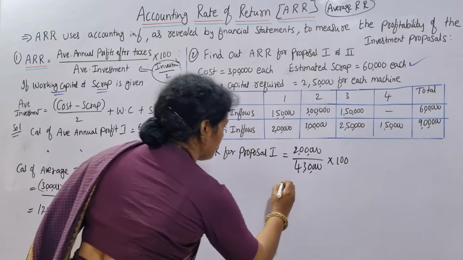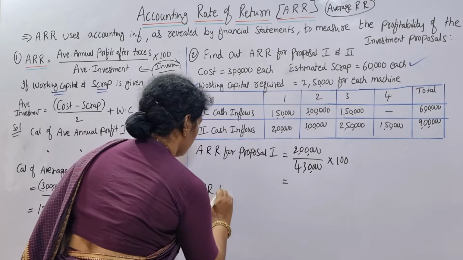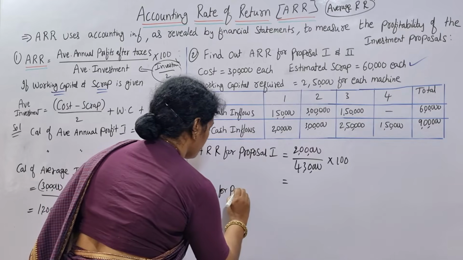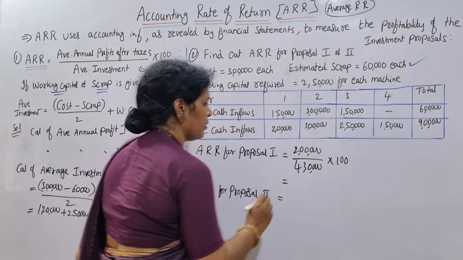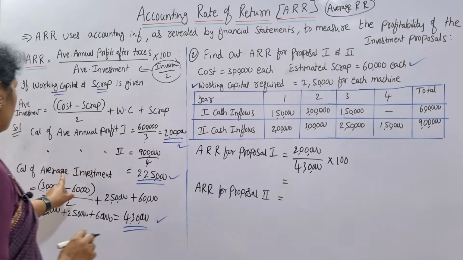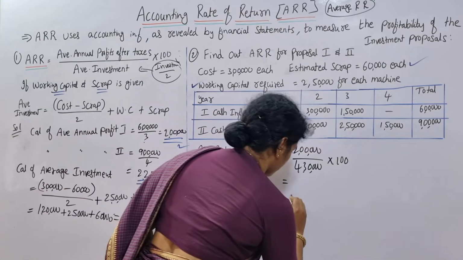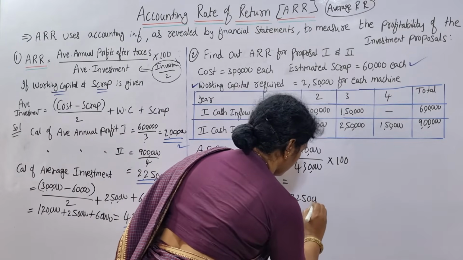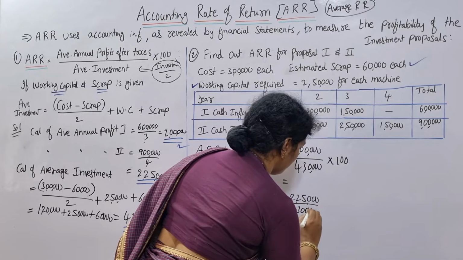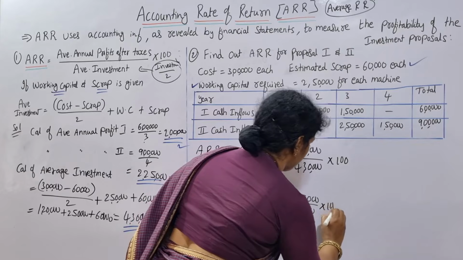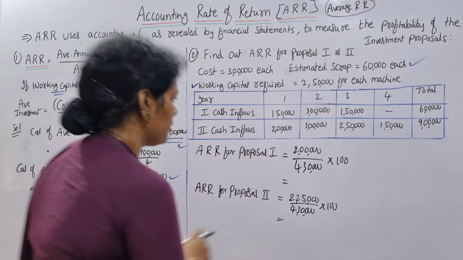In the same way, ARR for proposal 2: average annual profit is 2,25,000 divided by the same 4,30,000. Average investment is always common, into 100. You see the calculations.